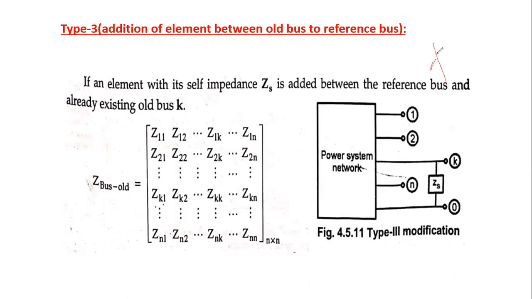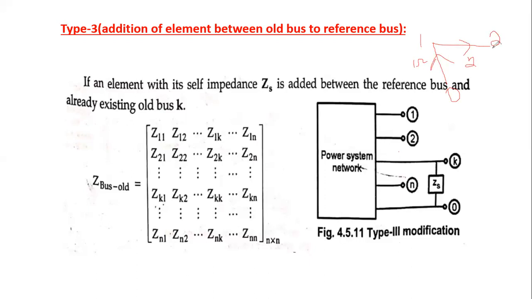First, the 1 ohm is added in between the 0 node and the first node. This type of modification is called the type 1 modification. Next, 2 ohms is added in between the old node and the new node.